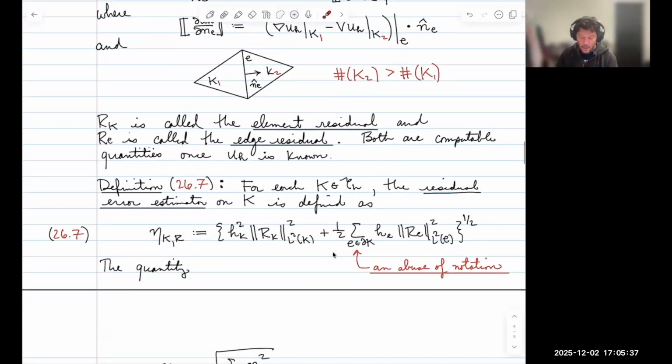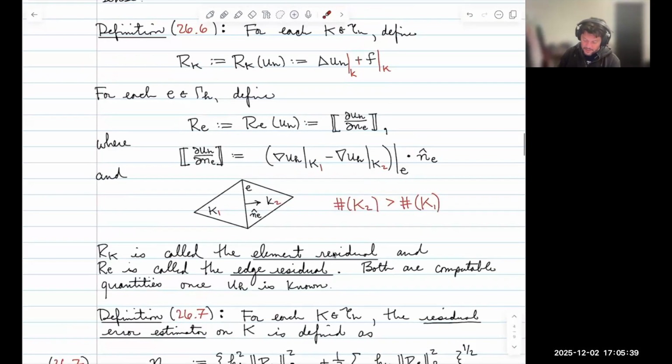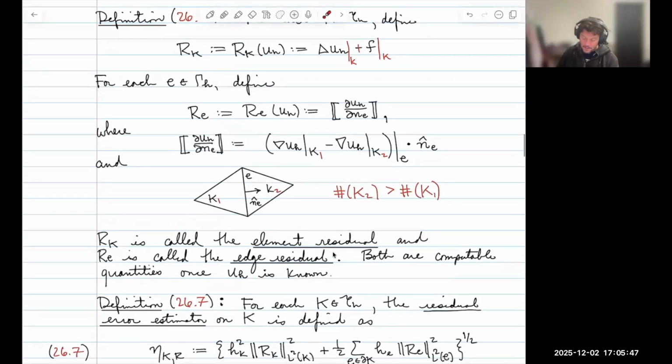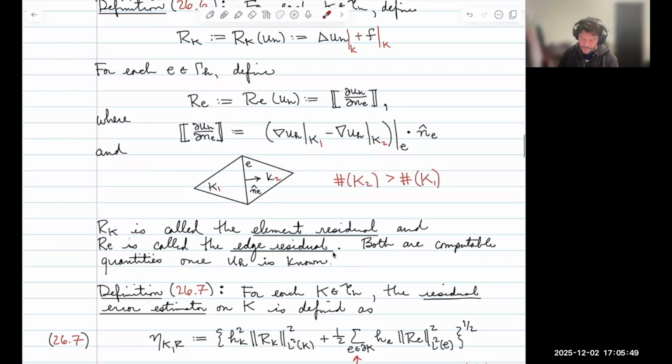All right, so RK is what is called the element residual. That's because it's computed on each of the triangular elements. And this object here is what we call an edge residual. So this measures how much error I'm generating in a triangle, and this number tells me how much error I'm generating across an edge.